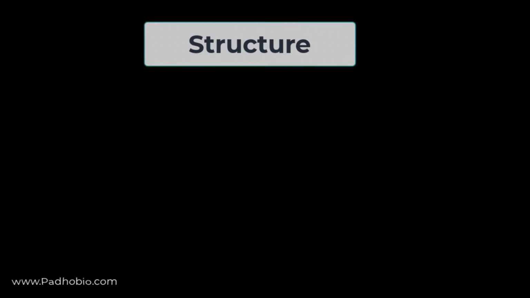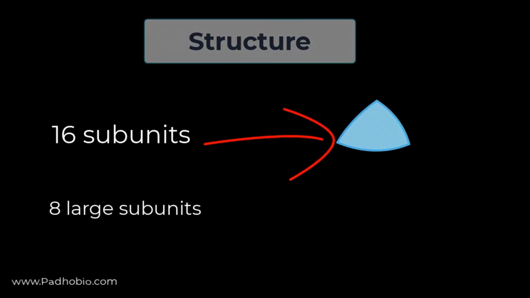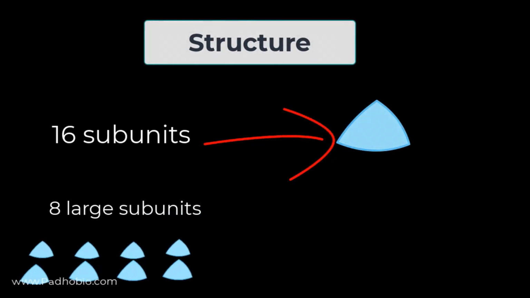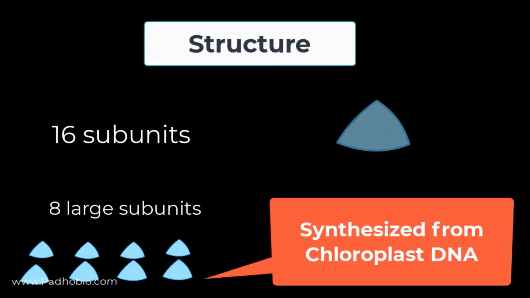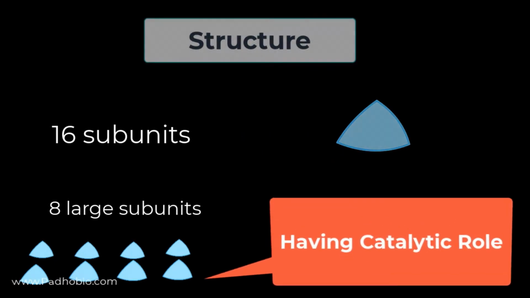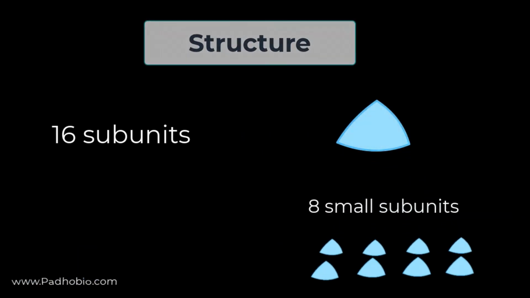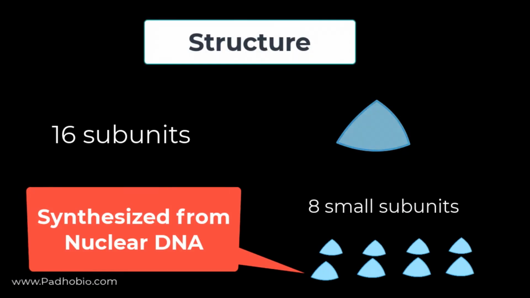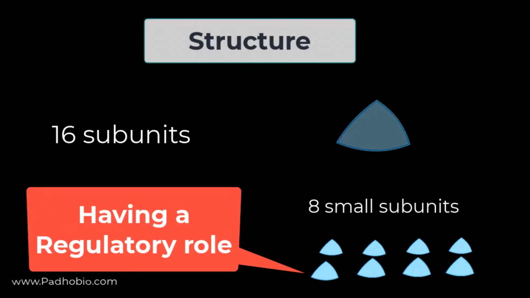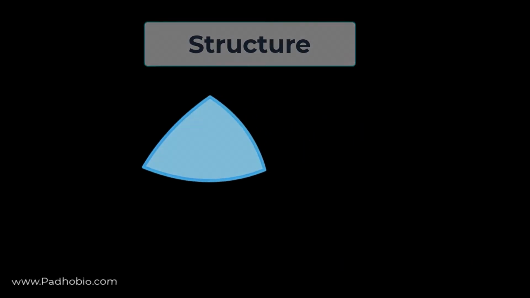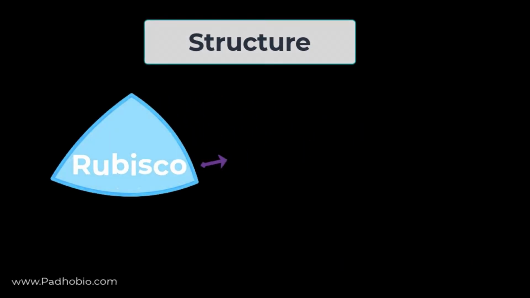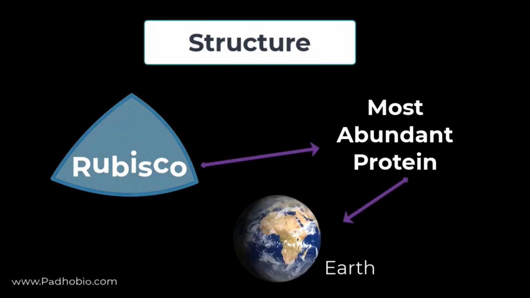Coming to the structure of Rubisco, it consists of 16 subunits, in which 8 are large, which are synthesized from chloroplast DNA and have a catalytic role, while the other 8 are small subunits which are synthesized from nuclear DNA and have a regulatory role. An important point here: Rubisco is the most abundant protein on this planet.